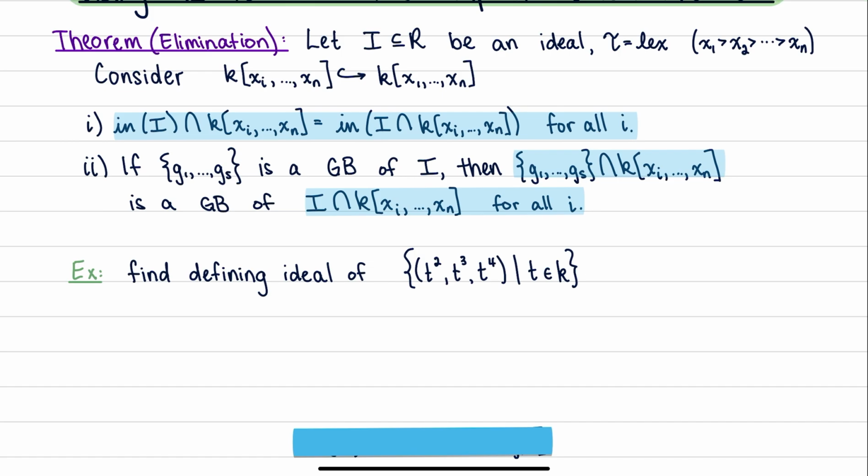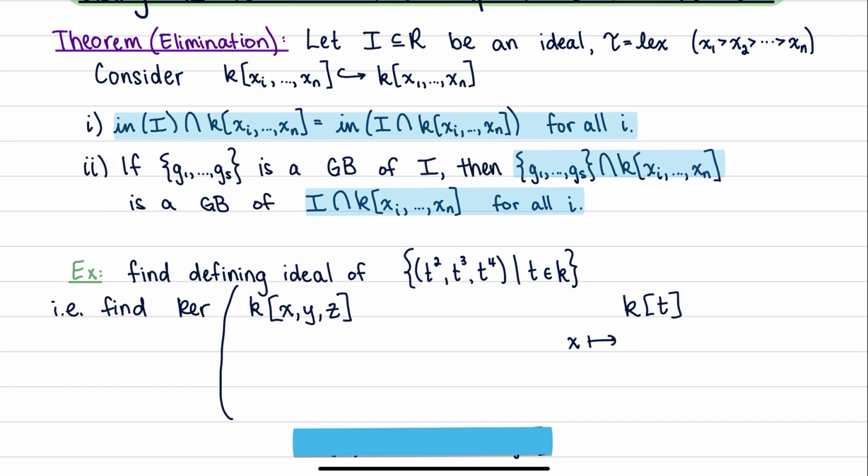As we discussed earlier, what this means is we want to find the kernel of this map, where I start in K adjoin 3 variables and I land in K adjoin T, and I send each variable to its corresponding function of T. You might be saying, why did you write it like that?